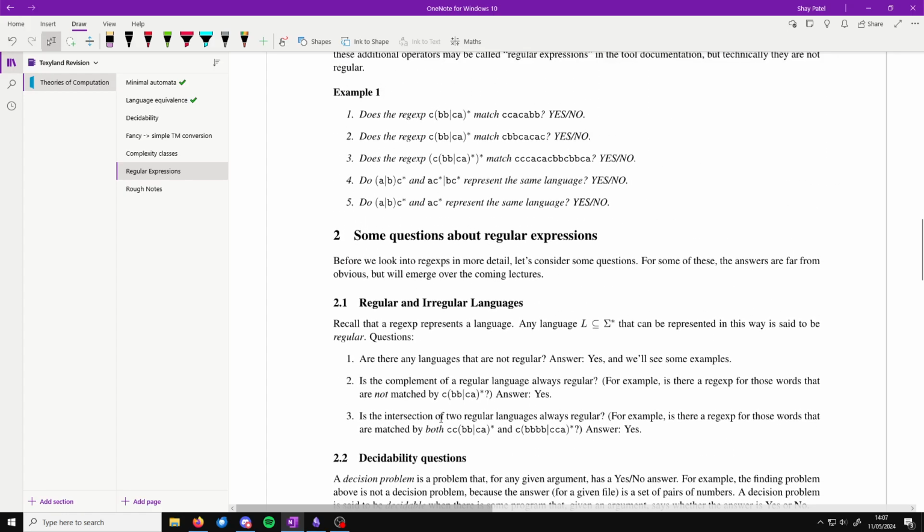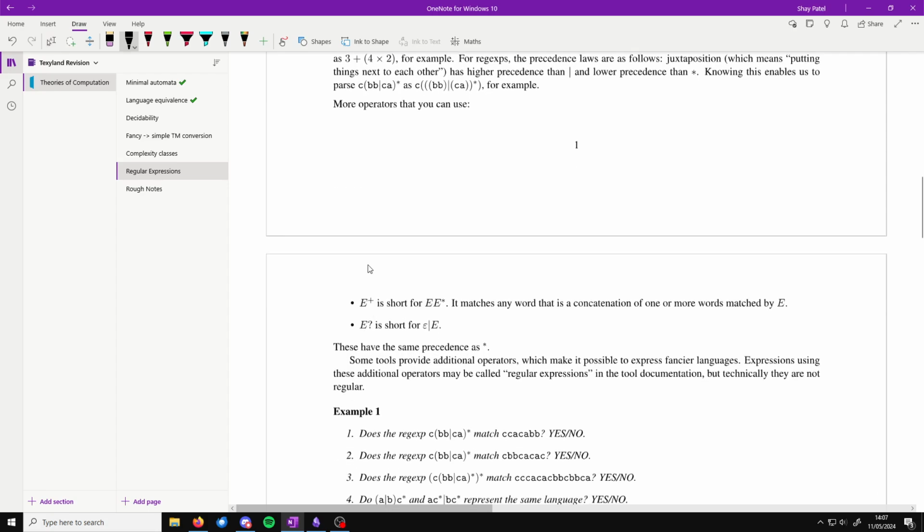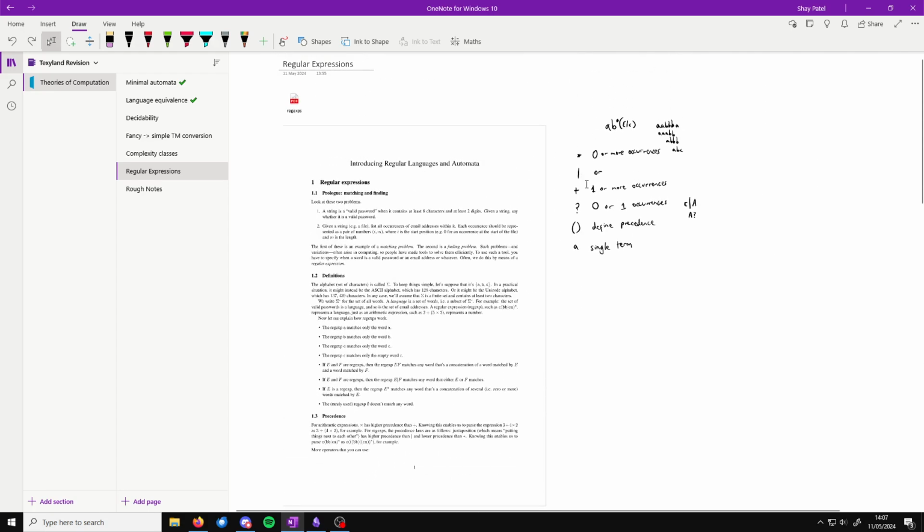Where, Kevin? Top of second page. Oh, right. Yeah, so this is what defines plus and question mark. So I guess we can use it, and yeah, more operators that you can use. So we're good on that front.